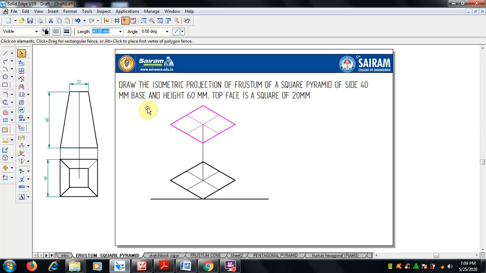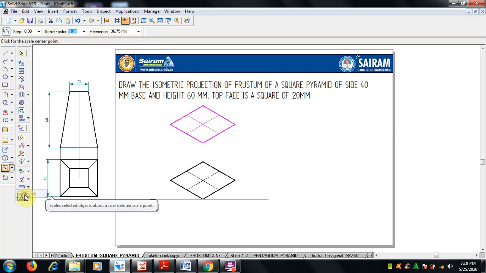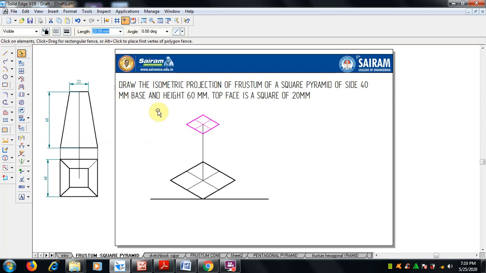So in this method, in software it is easy, we can scale this. So reduce the scale of this. How? This is 40 and this is 20. So 20 by 40, if you give that, then you will get a small scale, half scale, and you keep it at the center. That's it. So automatically it is getting reduced here.